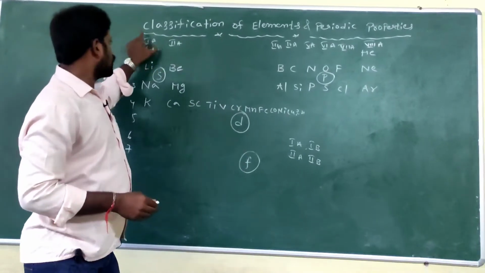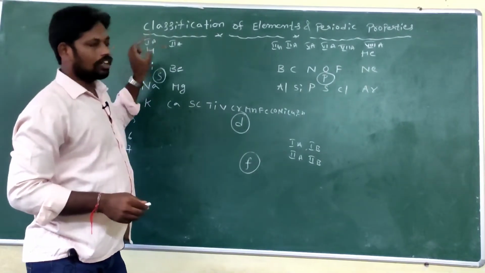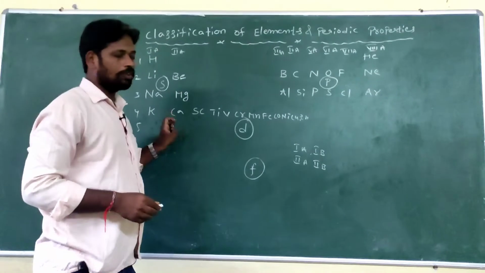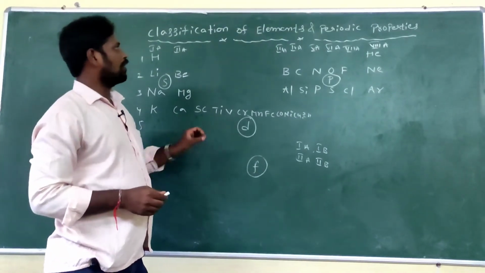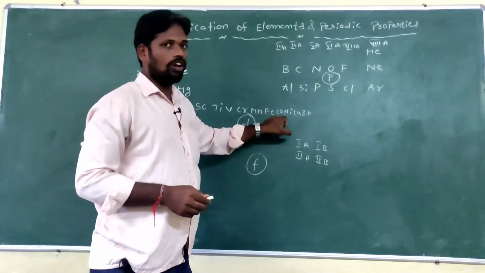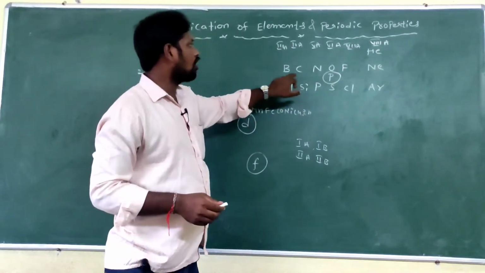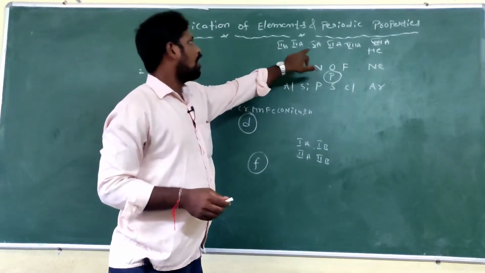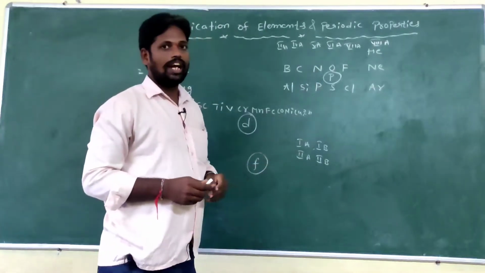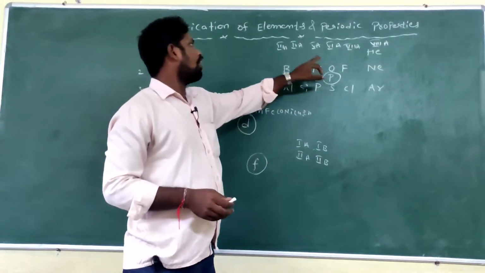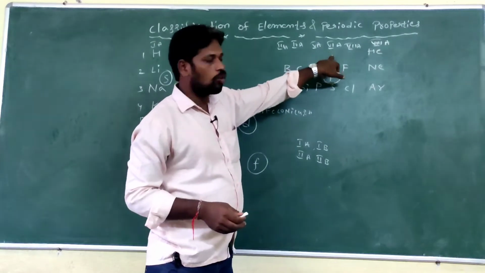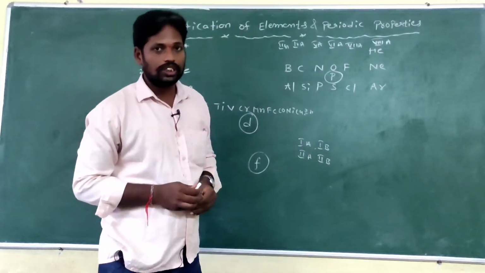The 1A group elements are called alkali metals. The 2A group elements are called alkaline earth metals. The 3A group elements are called the boron family. The 4A group elements are called the carbon family, the 5A group elements the nitrogen family, and the 6A group elements are called chalcogens.